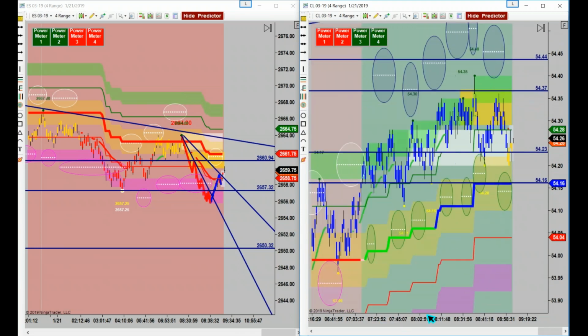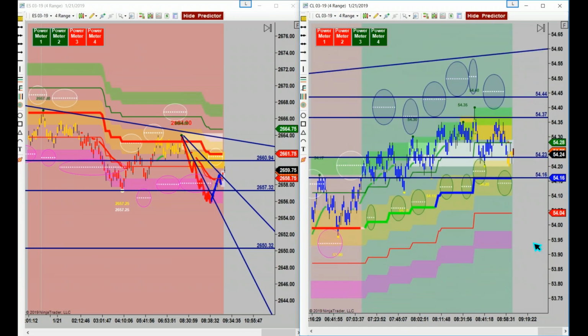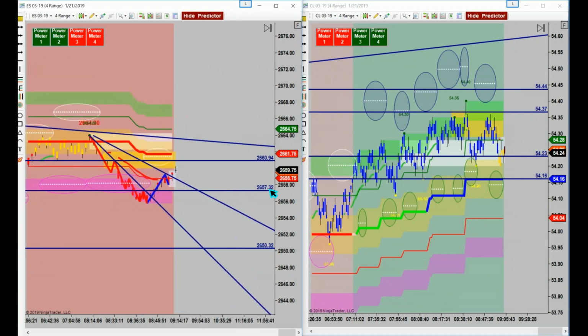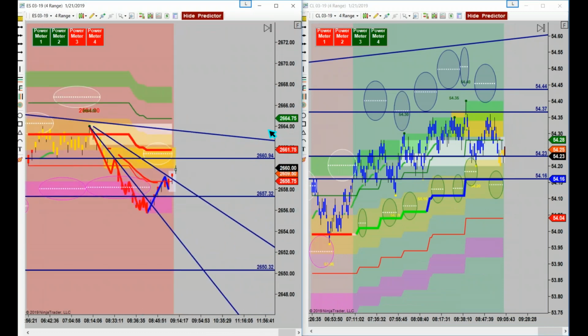You could be back in oil if you want to be. I'd just be real careful with it because it's definitely not doing anything either. May not get too much movement today.